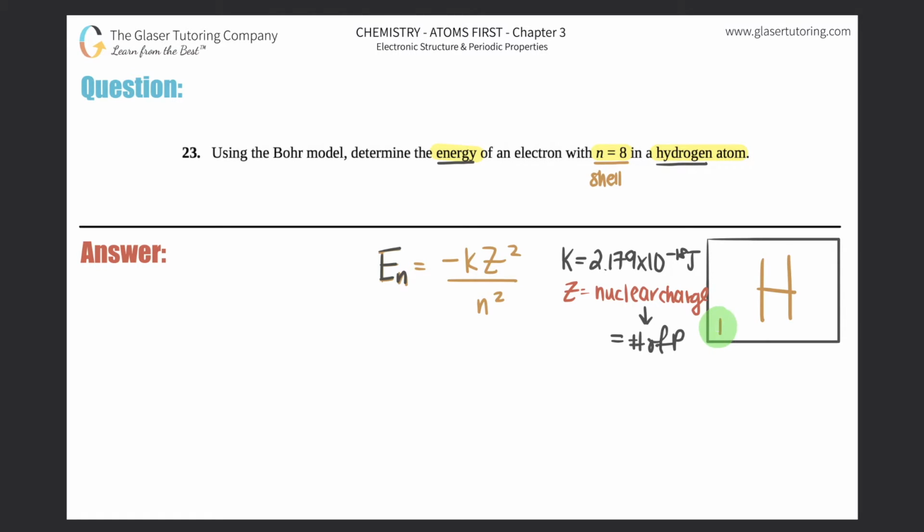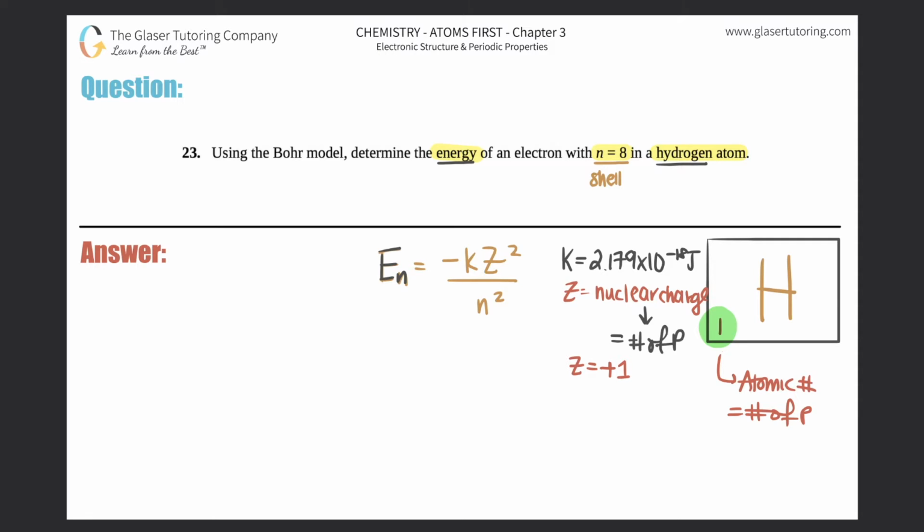And the atomic number of hydrogen is always equal to 1. So this is the atomic number, and that is always the number of protons. So for this, the Z would be a +1 charge. Nuclear charge would always be plus because it's only protons which hold the charge of the nucleus of an atom.